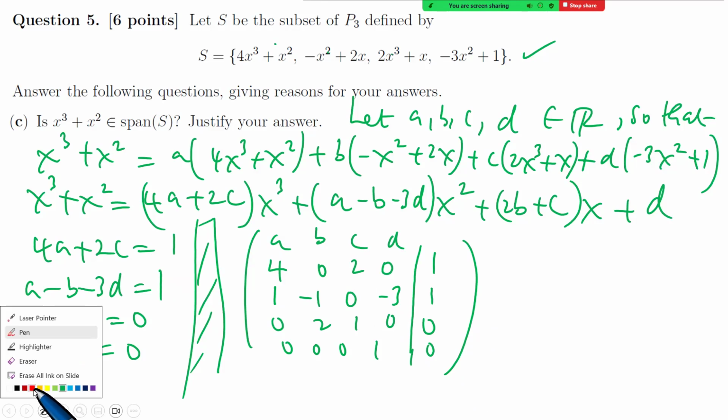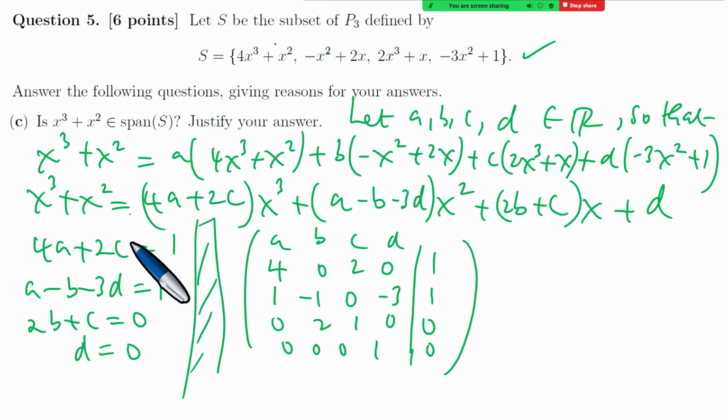What is the conclusion about this? We want to find the values of A, B, and C. If the values exist, it means that this vector is an element of the span, but this system has no solution. Why?